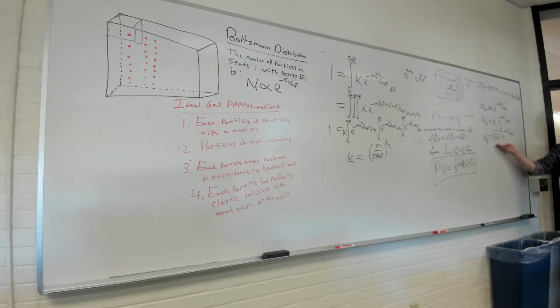This describes everything we know about the energy, or the state of the system, given a temperature and given a mass. That's all it depends on. And imagine that the mass gets bigger, then this number gets larger, so the particle slows down. Heavy particles move more slowly than lighter particles at a given temperature.